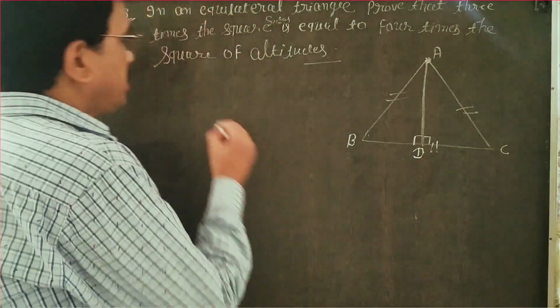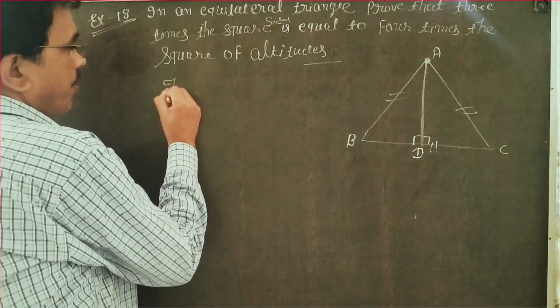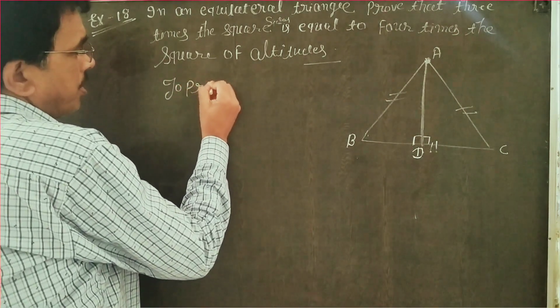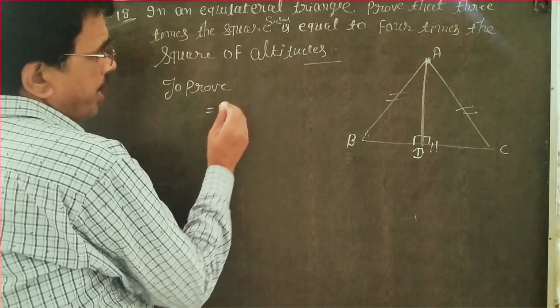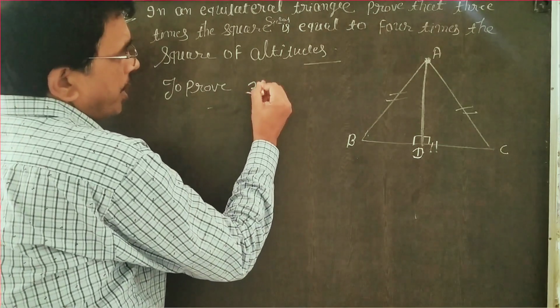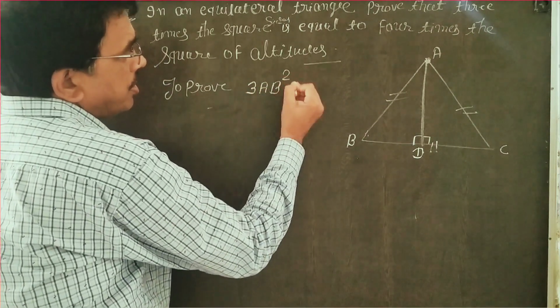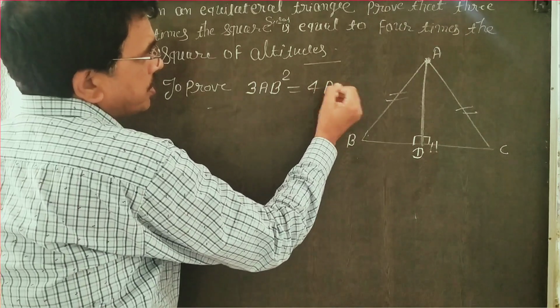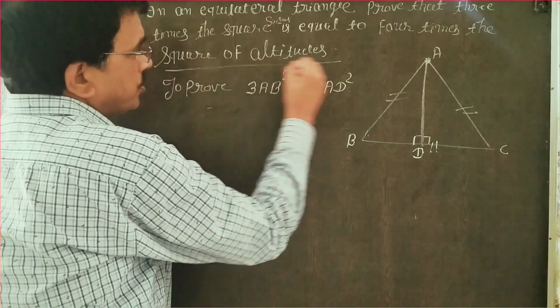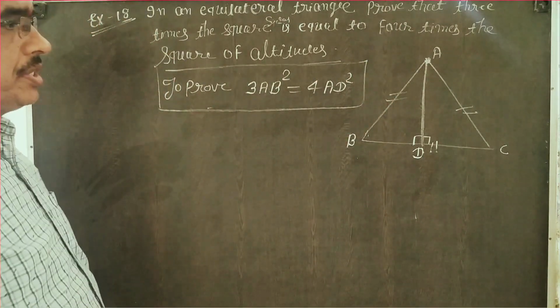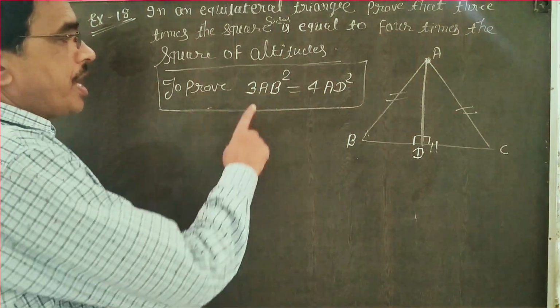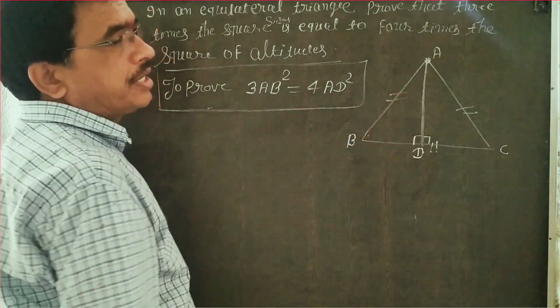And your question is to prove that 3 times the square of the sides is equal to 4 times the square of the altitude. It is your question. So we need the relation between the altitudes and the sides.